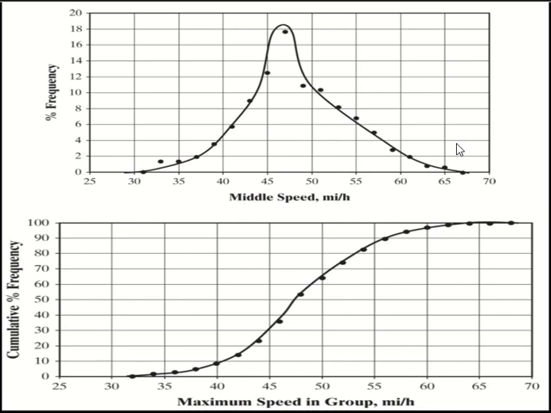If you are using any software to draw these curves, there is an option to draw the best fit curve. You give the data to the software and ask it to draw the best fit curve, which means it will not join all the points. So why don't I join all the points?